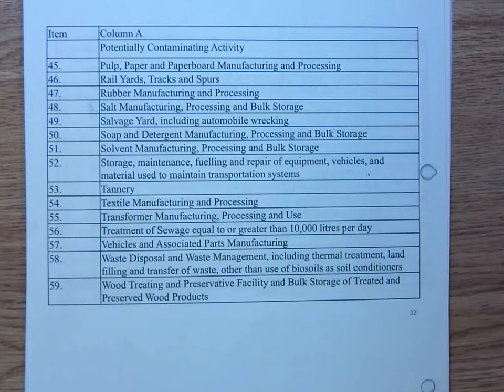There are certain objectives that we will have in phase 2 environmental site assessments, and we will discuss those objectives and the processes that we need to follow. We will discuss those details in the next session.